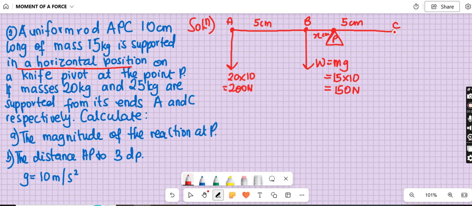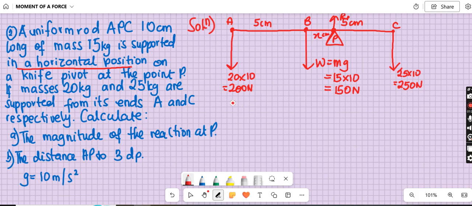And then another one here, 25 times 10, also giving us 250 Newton. So we are looking for the reaction at P. That's the first thing. And the second thing is we are looking for the distance AP.